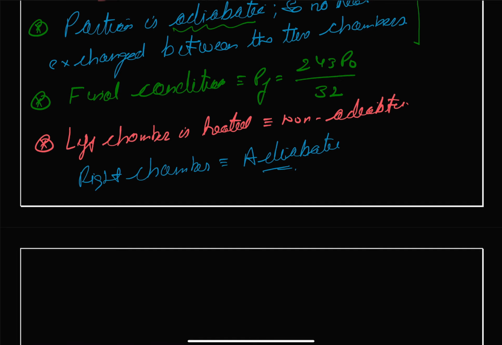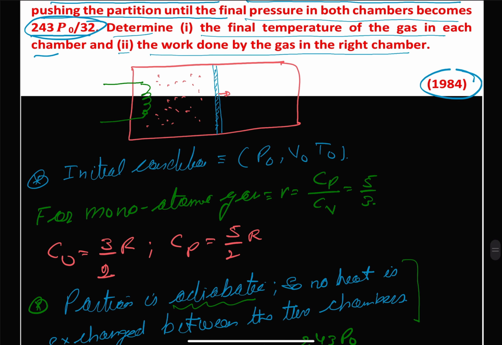Okay. So if we say its length is L and area is A, and the length of the total box is fixed, then obviously the total volume of the box will be fixed.